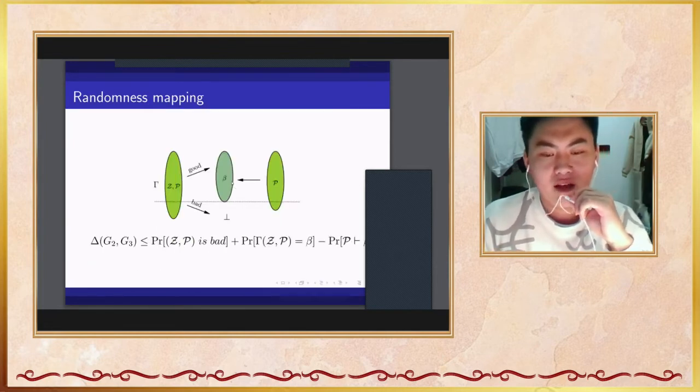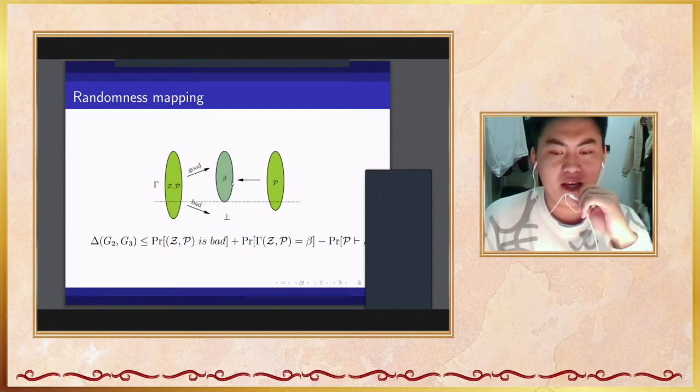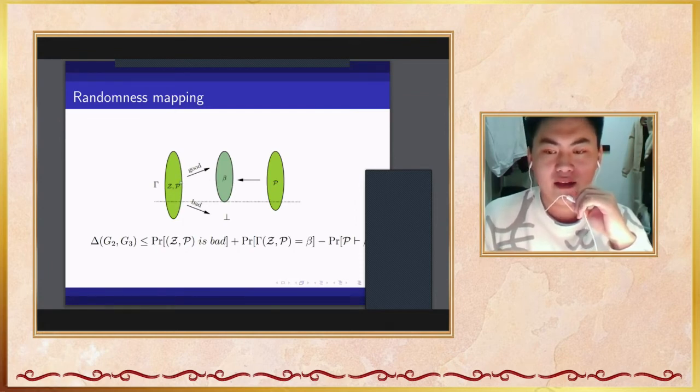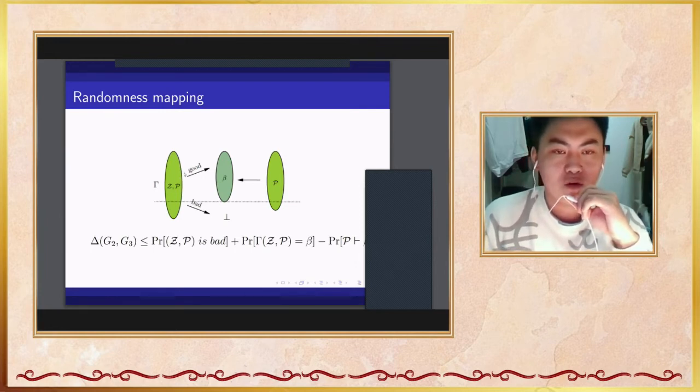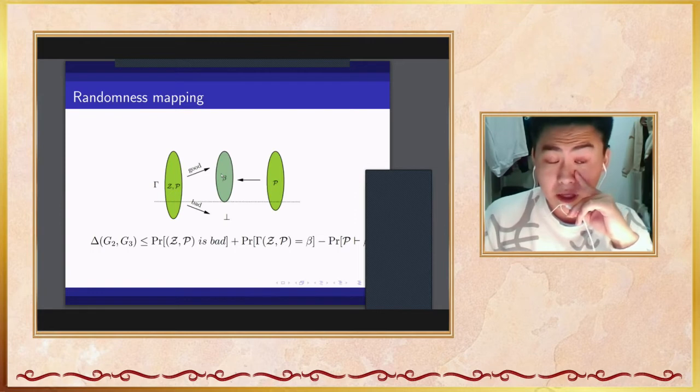So we use a random mapping to solve it. We define the map gamma on tuples of random permutations ZP. When the pair is bad, the map is a special symbol. When the pair is good, it will be the tuple of partial permutations beta.